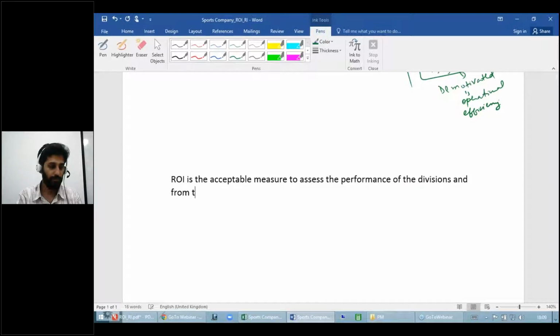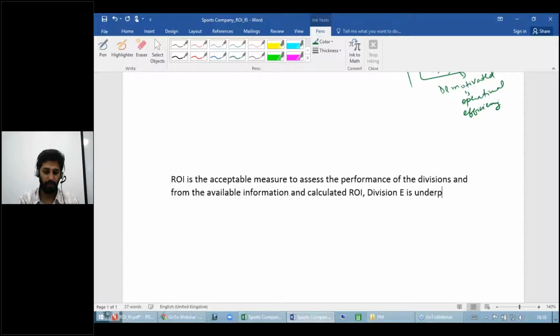From the available information and calculated ROI, division E is underperforming as it has not met the target ROI.